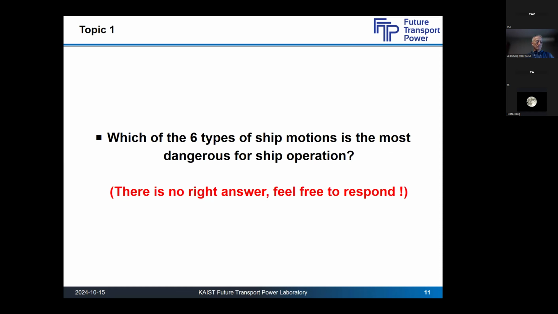The first topic is: which of the 6 types of ship motions is the most dangerous for ship operations? There's no right answer, just feel free to respond.